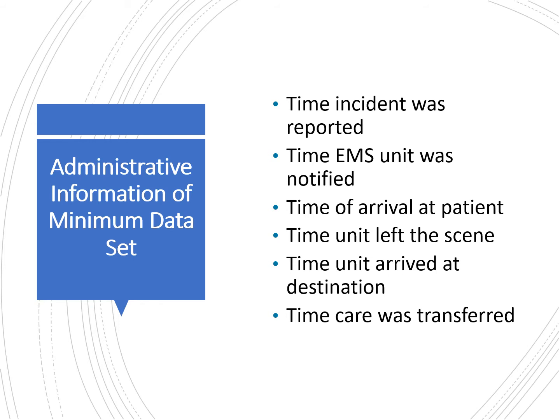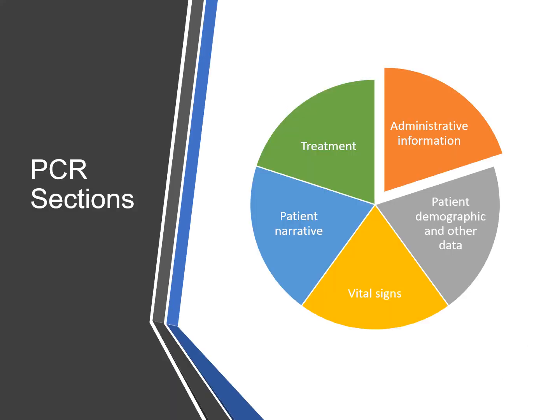This is a way that they manage and ensure that they are meeting those response times based off of what we're putting in our PCRs. Now, if you guys have longer response times, that's going to let them know, okay, maybe we need to staff more ambulances so we have a better response time to meet the needs of the city or town that you work in.